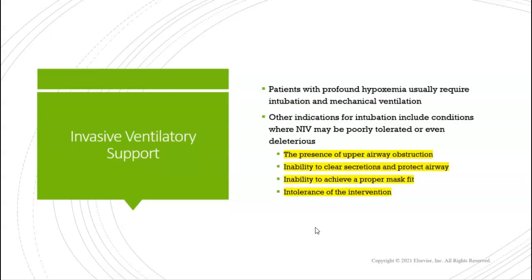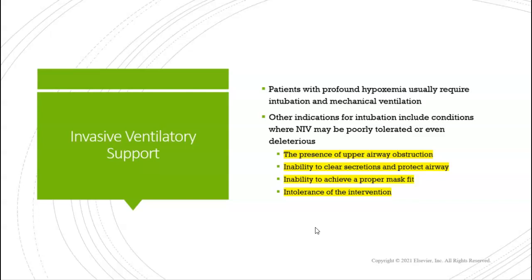All right. So when we're talking about invasive support, we're talking about now we're intubating the patient, putting them on a ventilator, okay? So anytime a patient has profound hypoxemia, they will require intubation and mechanical ventilation. Other indications where you shouldn't attempt non-invasive at all is any presence of upper airway obstruction, right? So if there's any evidence in the scenario you're given that the patient has an upper airway obstruction, you need to intubate, okay?